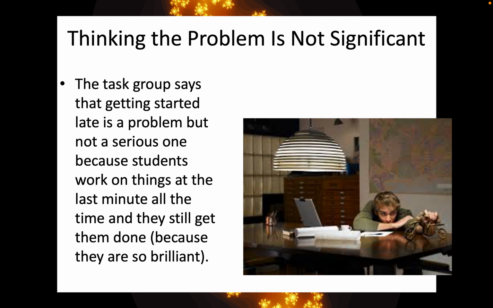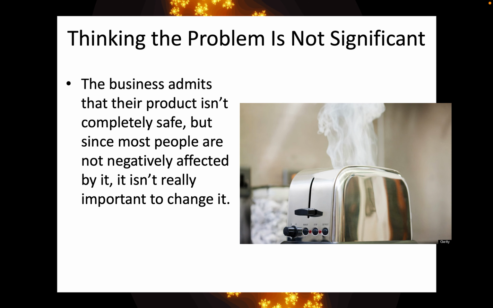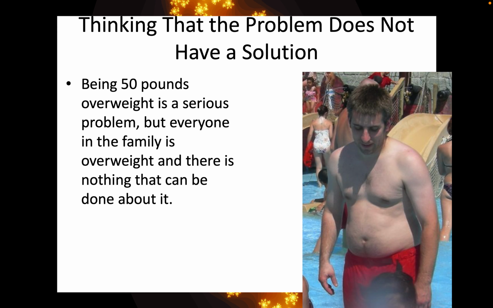The task group says that getting started late is a problem, but not a serious one, because students work on things at the last minute all the time, and they still get them done because they are so brilliant. The business admits that their product isn't completely safe, but since most people are not negatively affected by it, it isn't really important to change it.